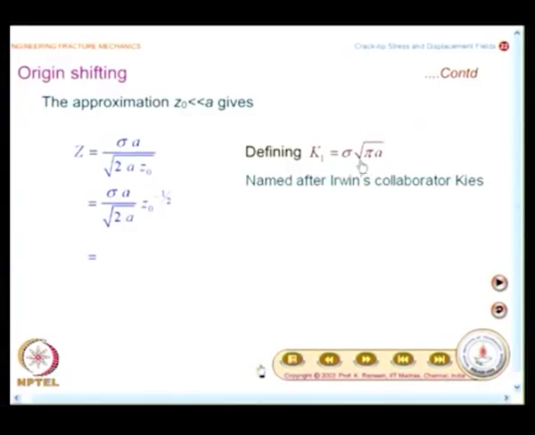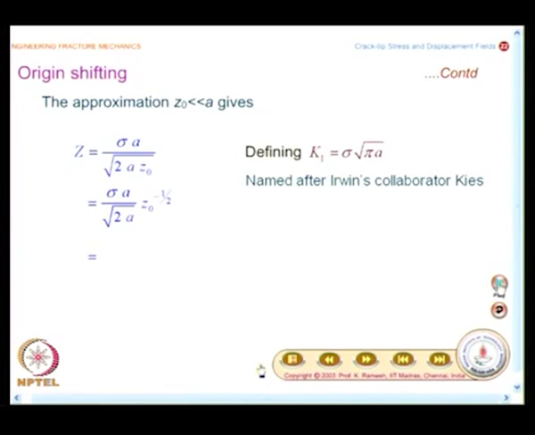You know, if you look at fracture mechanics literature, people have debated whether pi should be included in this or not. People thought even sigma root a would be sufficient. There is a school of thought, because you should also know that without pi also this could have been discussed and the whole of fracture mechanics could have developed, but pi has come to stay because Irwin has defined it only like this.